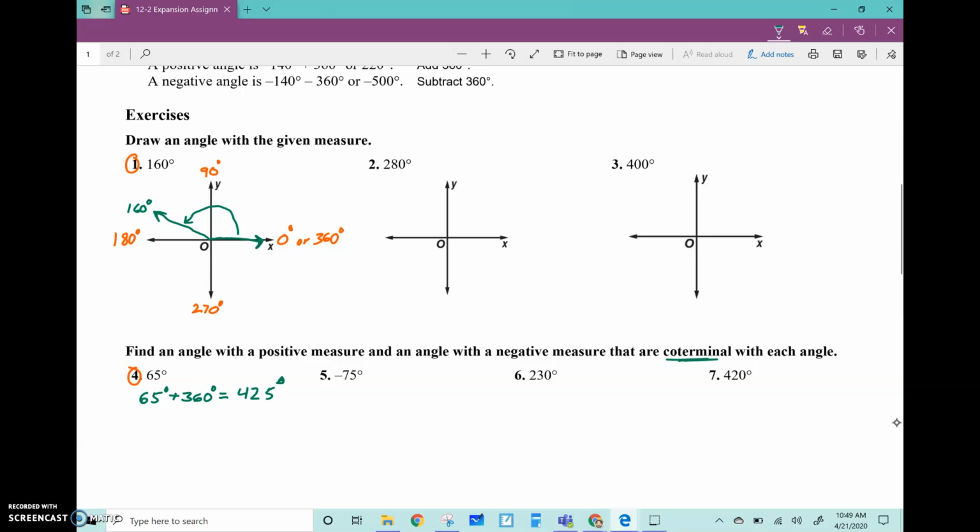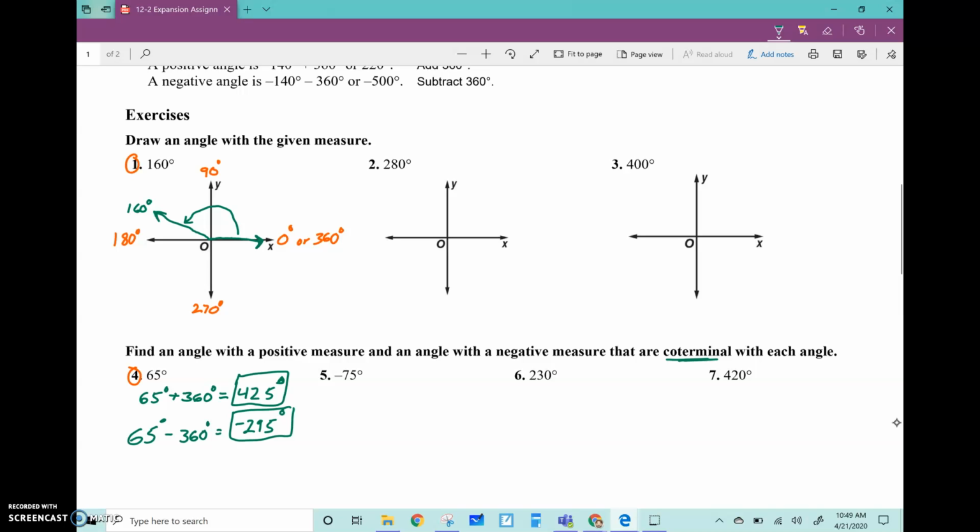And also what we need to do is subtract 360, and that's going to give me negative 295. And that is what you will need to do for 5, 6, and 7.